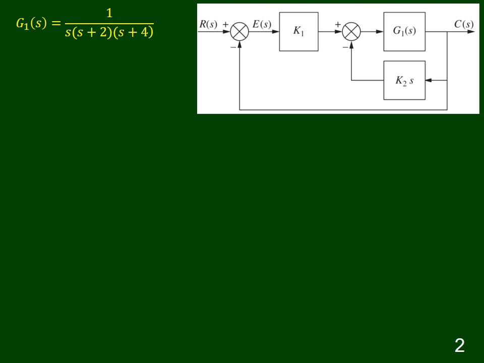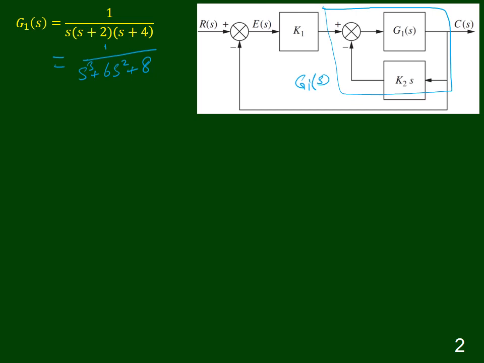So first we take this closed loop. If I write this transfer function in the simple format, it becomes 1 over s cube plus 6 s square plus 8 s, and this closed loop is, suppose, the inner loop G_I(s).